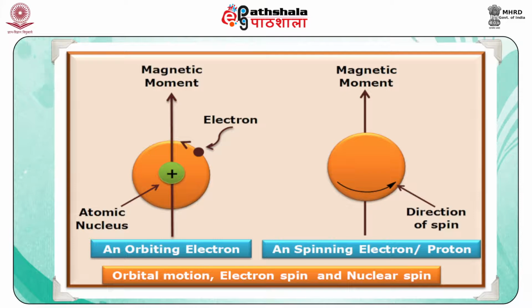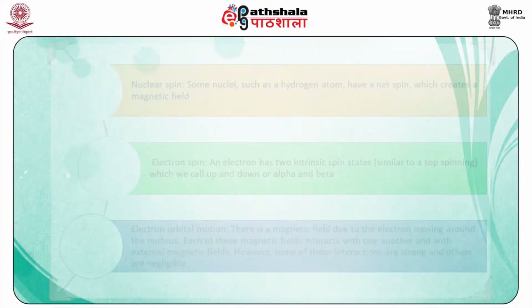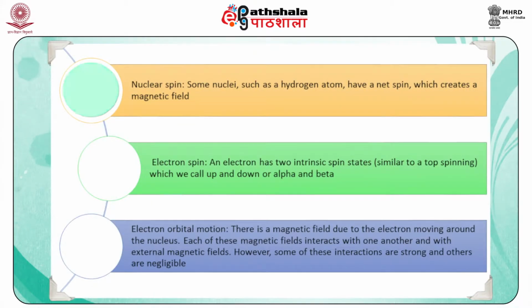The processes which create magnetic fields in an atom are: first, nuclear spin, that is, some nuclei such as the hydrogen atom have a net spin which creates a magnetic field. Second, electron spin. An electron has two intrinsic spin states which we call up and down, or alpha and beta.